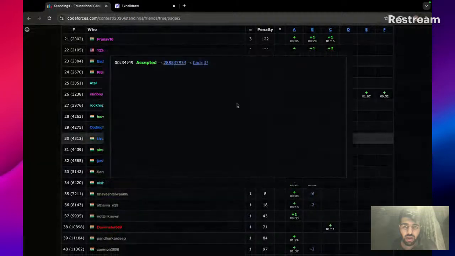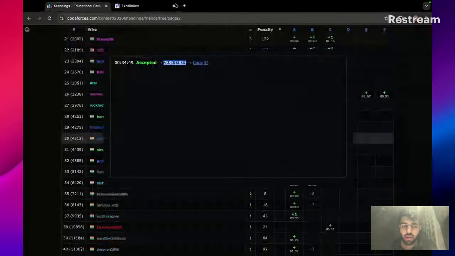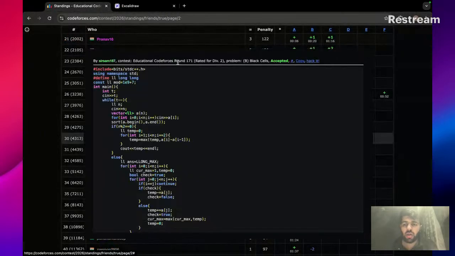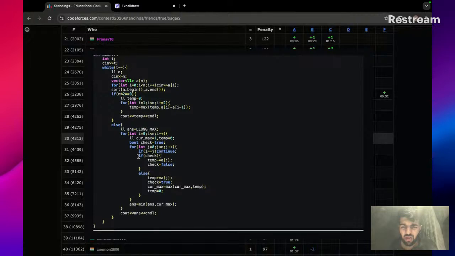He's doing the same thing, if I'm not wrong. Yeah, he's doing the same thing. At every even index, he'll add, and at every odd index, he'll subtract.